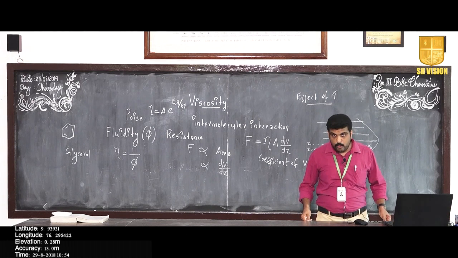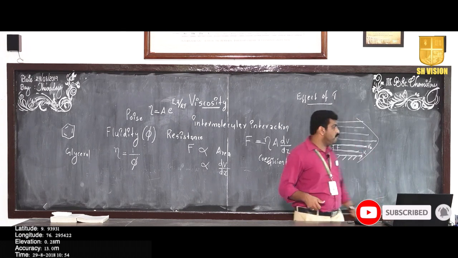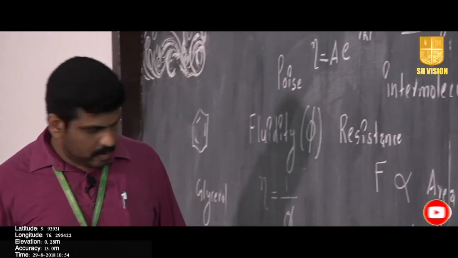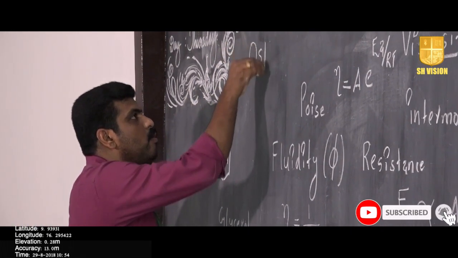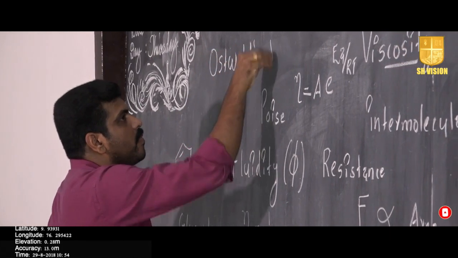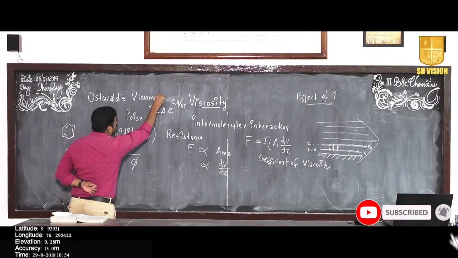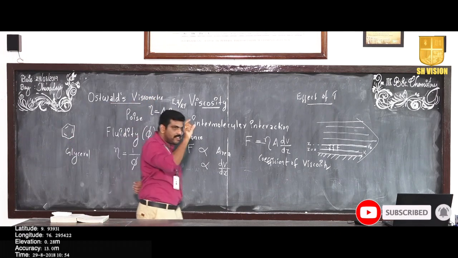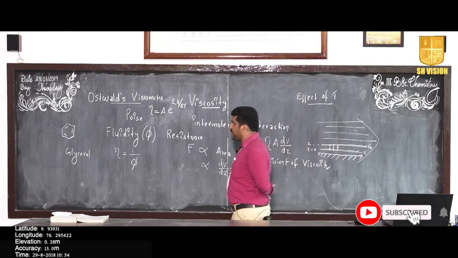Now, how will you measure viscosity? Viscosity can be measured with the help of an instrument called the Ostwald viscometer. So this is that glass apparatus we require to measure the viscosity.